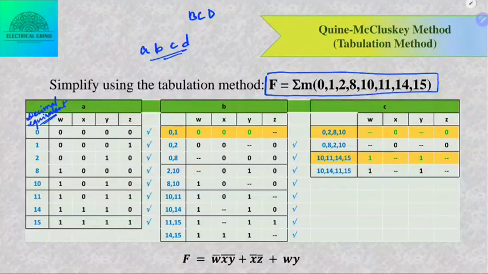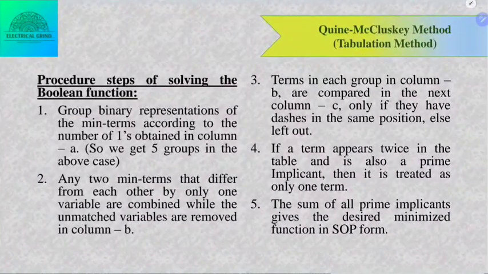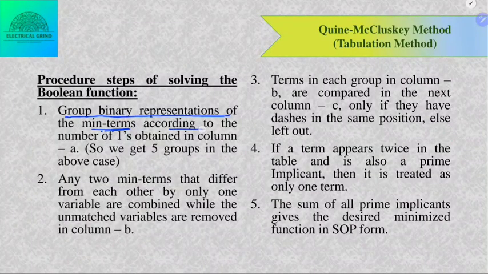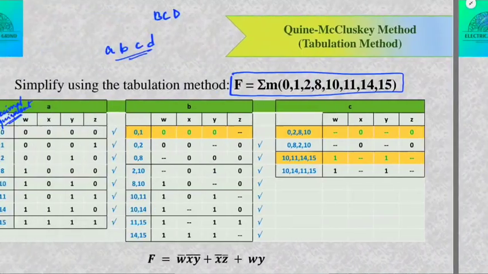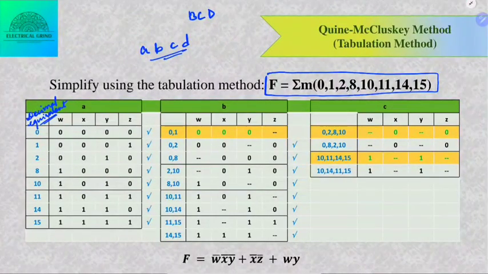After that, the first thing that we'll have to do in this process is group the binary representations of the minterms according to the number of ones obtained in column A. Let us see how many groups we can form. In the first group there is no one, so this will be our group 1.